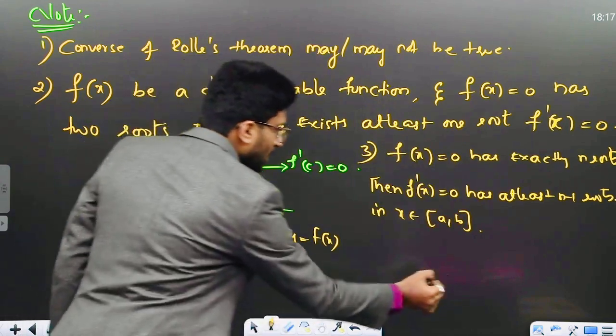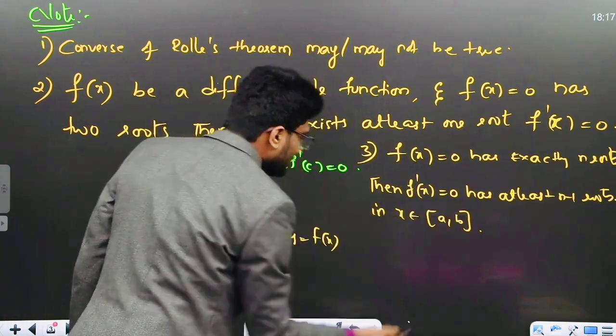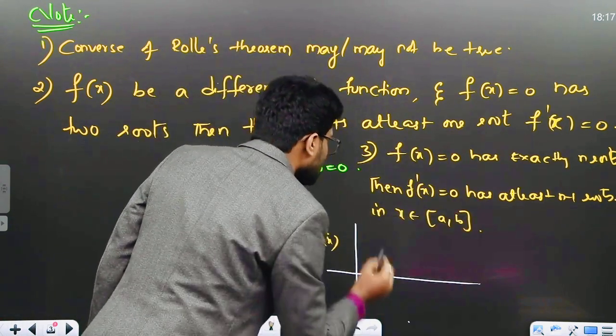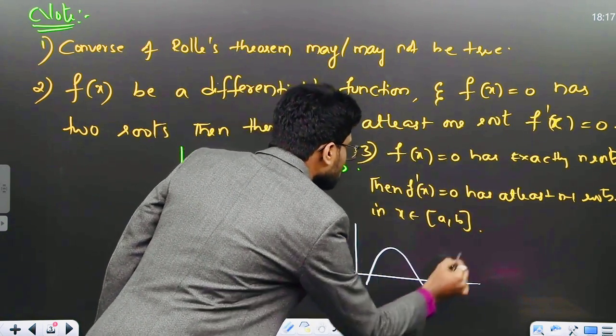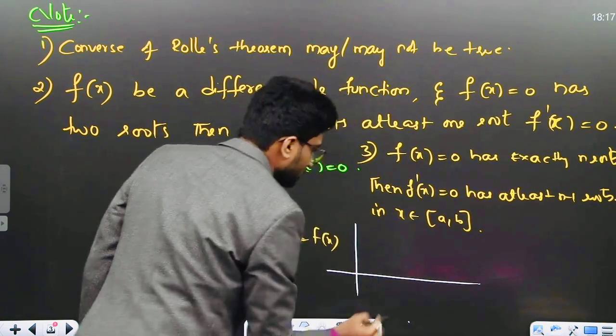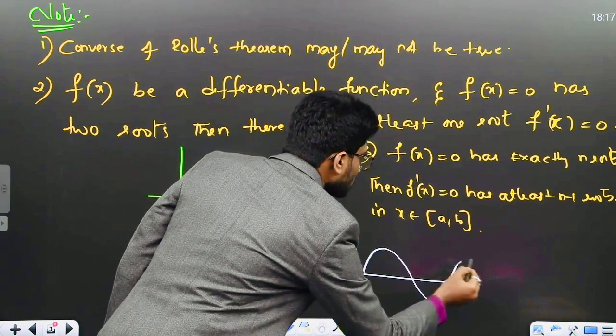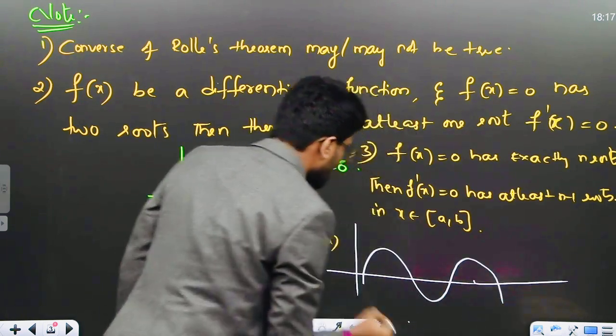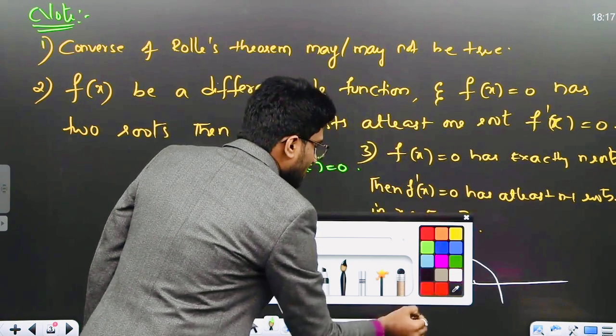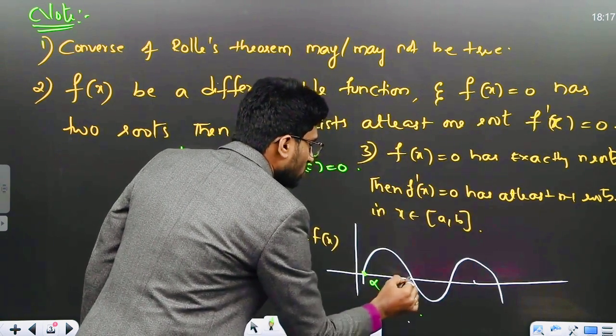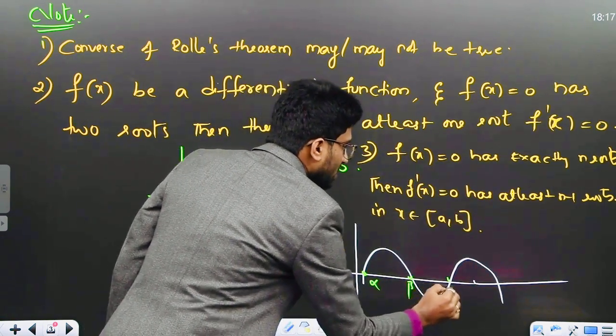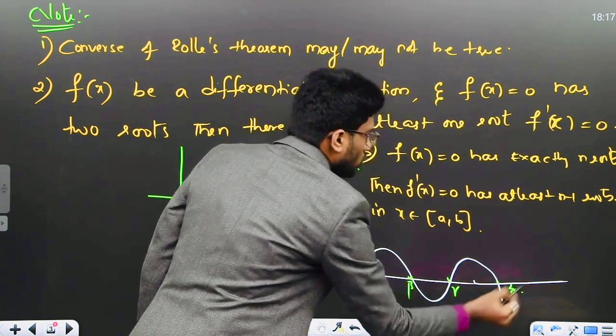We'll take a beautiful graph and I'll try to explain. Do understand the case here. Now f of x equals 0 has alpha, beta, gamma, delta, 4 roots.